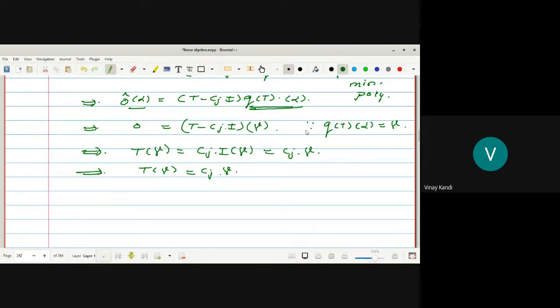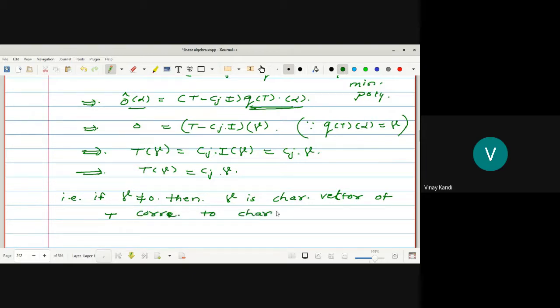Now if gamma is not equal to 0, then gamma is a characteristic vector by the definition, a characteristic vector of capital T corresponding to characteristic value Cj.